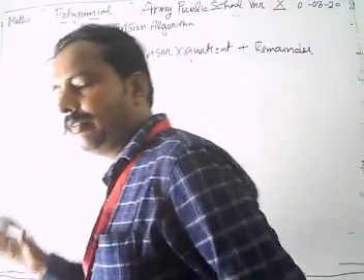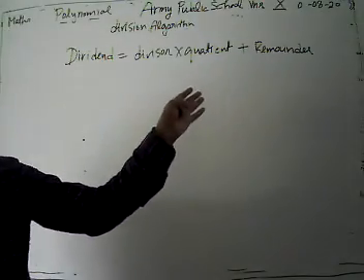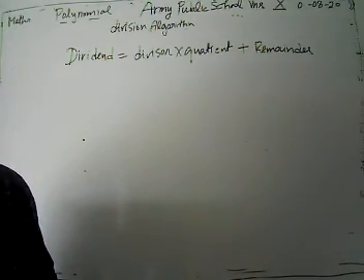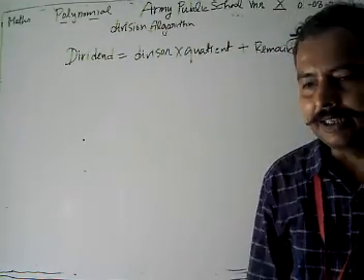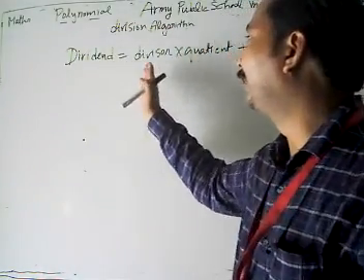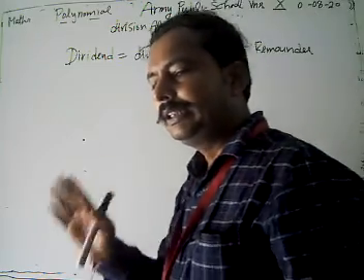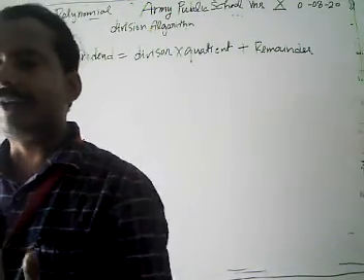We are well aware of this relationship from basic division, and after division you verify that dividend equals divisor into quotient plus remainder.